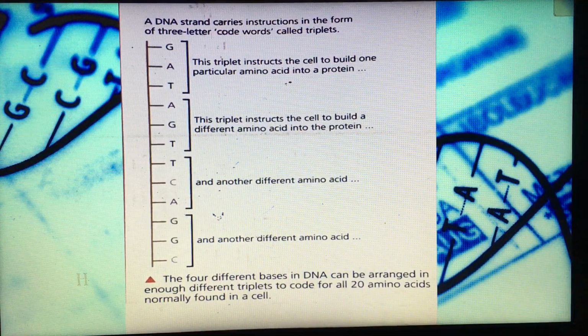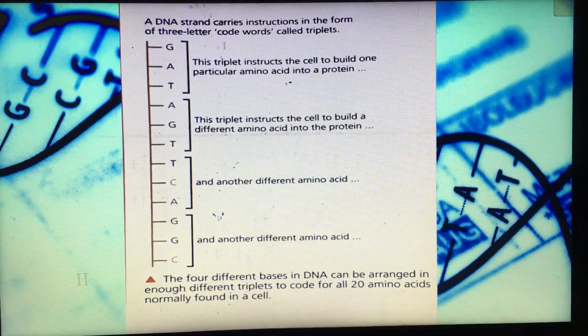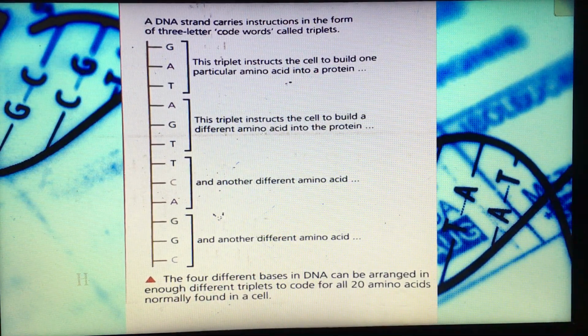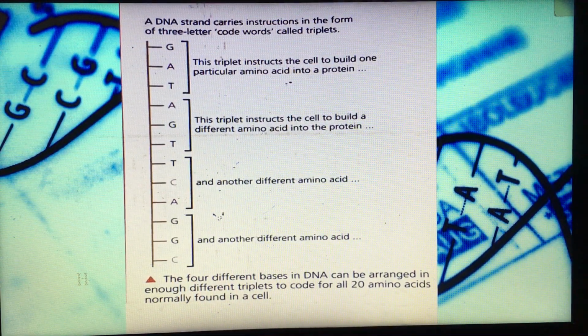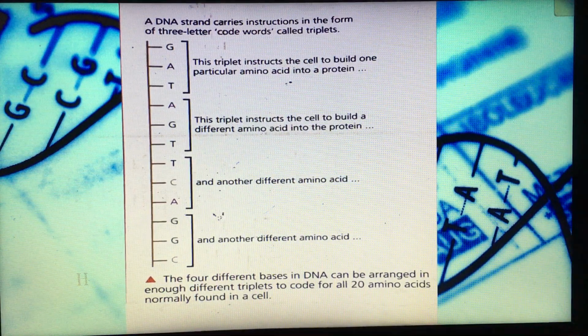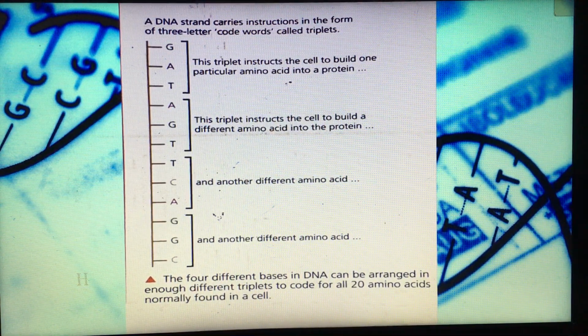So here in the picture we have 4 code words with 4 different proteins. And you have to know that each code word on DNA is made up of 3 bases, which are 3 letters. They are arranged in a certain sequence. So here, each 3 letters produce 1 amino acid.